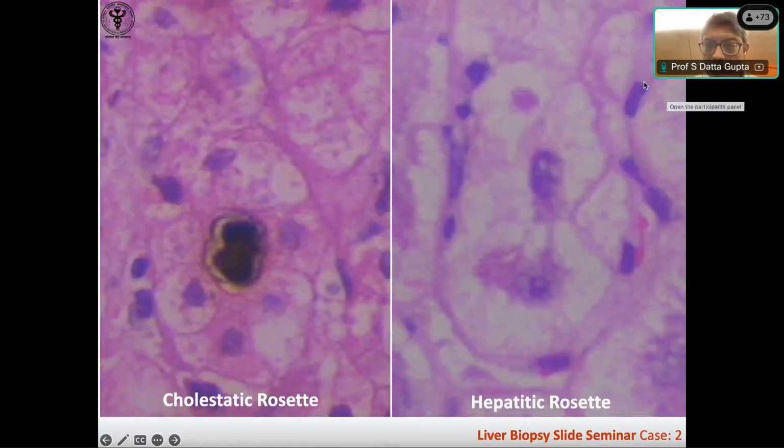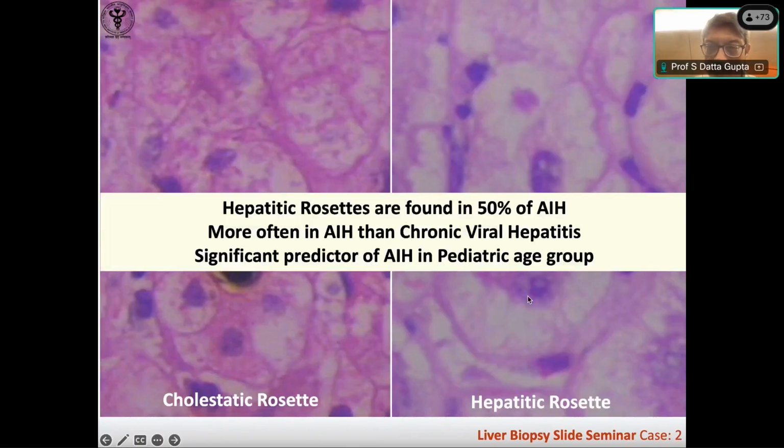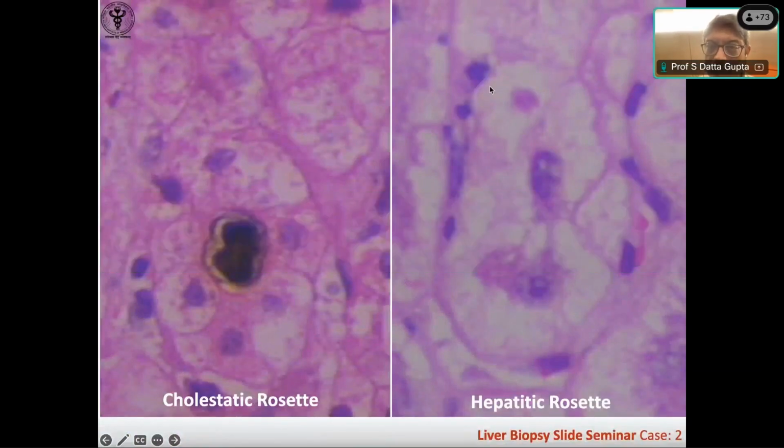The other thing is hepatic rosettes. Hepatic rosettes are a group of a few hepatocytes joined together, adjacent to each other, almost forming a rosette like this. See this? This is a hepatic rosette. Please remember, in viral hepatitis, I showed you hepatocytes with a canaliculus in the middle with bile. That is called a cholestatic rosette.